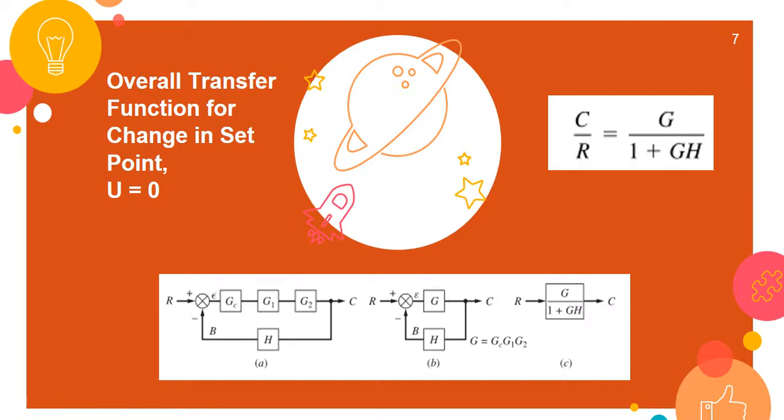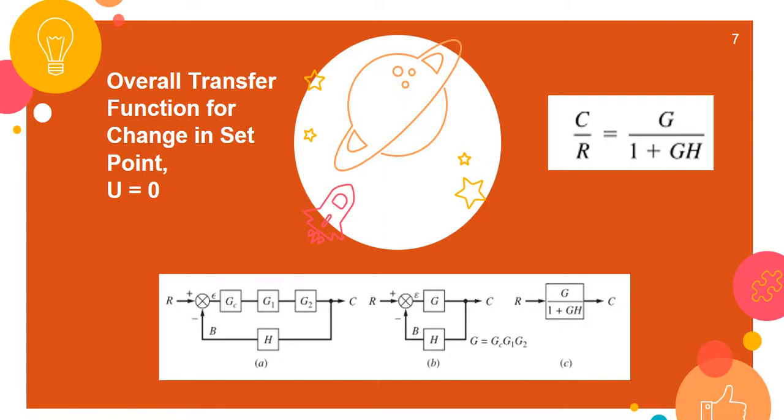The G here is the forward loop transfer function, meaning the G_C, the G1, and the G2 all multiplied. Now, the 1 plus GH is, of course, the open loop transfer function plus 1. Now, the question is, how did this come about?